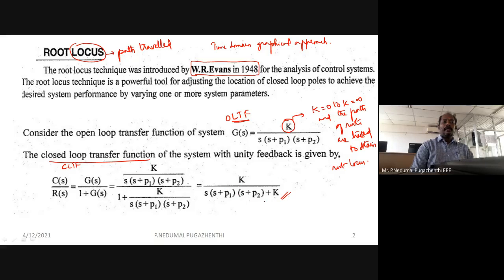If you vary k from 0 to infinity, the denominator polynomial also varies, because this k value is going to change and the p1, p2 values will also change. So the roots move from one point to another based on the variation of k, and if you are able to trace that, let me take an example and explain.